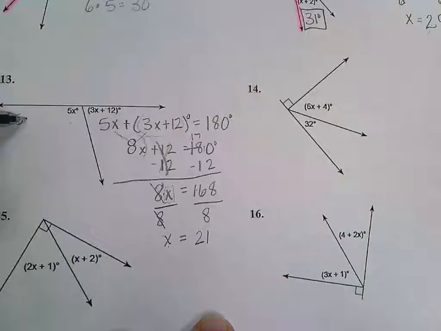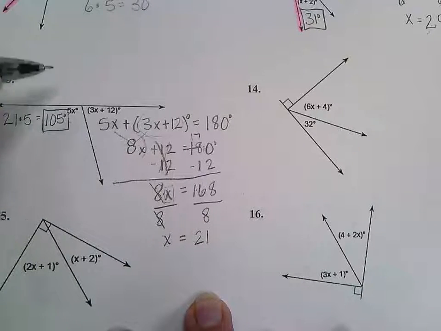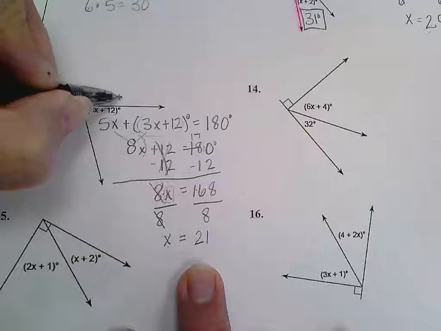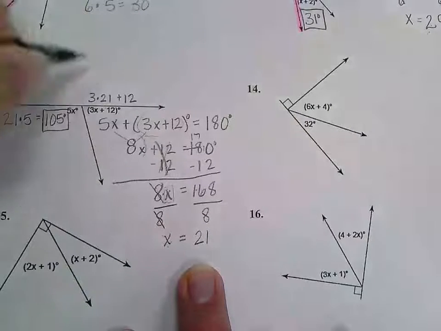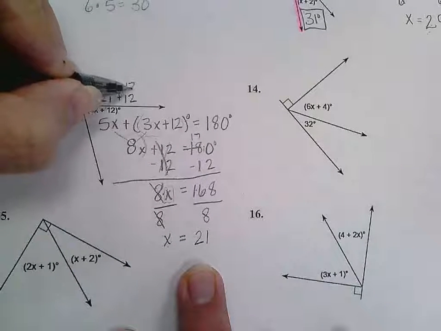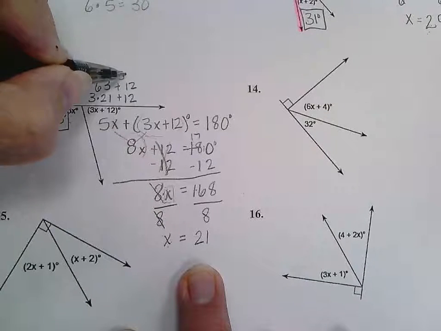So now I can come back and put 21 in and find what my values are for my measurements. So 21 times 5 is going to give me 105 degrees for this angle measure. And 21, I'll go ahead and do the algebra. 3 times 21 plus 12 is going to give me 63 plus 12, which is going to give me 75 degrees.